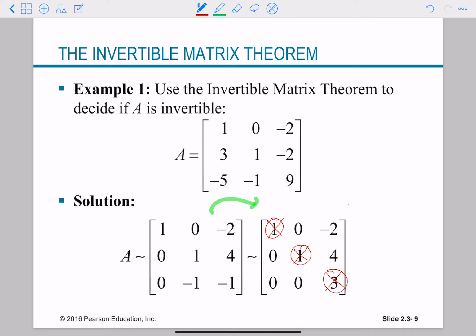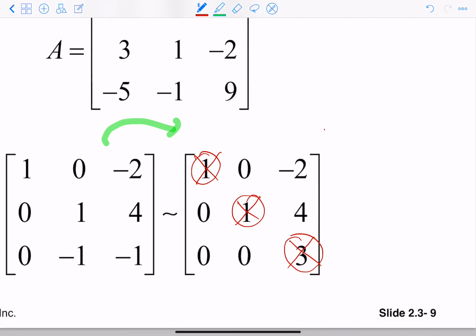Is echelon form unique or not for a particular input matrix? Echelon form is not unique, right? So this is an echelon form, and how about this 2 and 8? This is also another valid echelon form of this original matrix, right? But reduced echelon form is always unique, for a particular matrix.